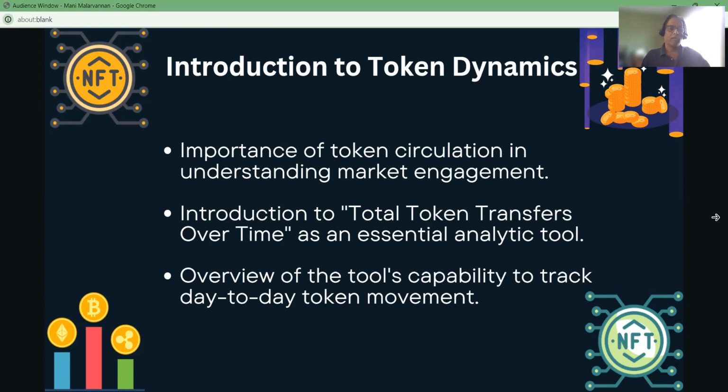Once you have that information, you want to identify what tokens they purchased or what tokens they transferred between their wallet and their friends' or relatives' wallets. You can identify all this information using this graph.